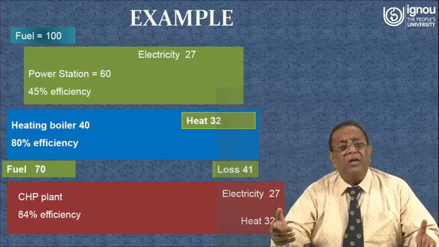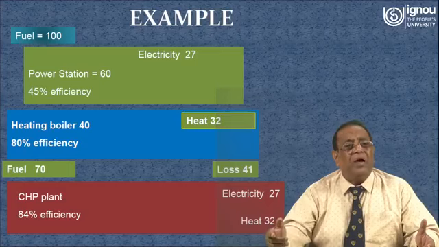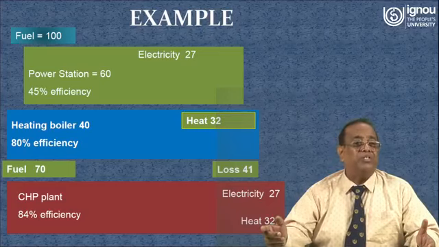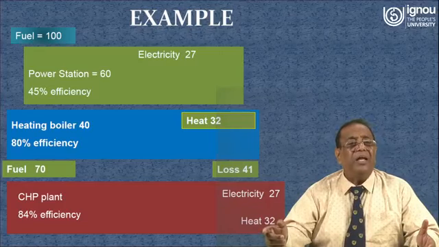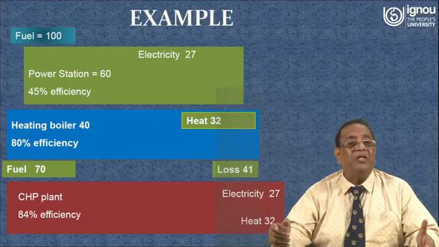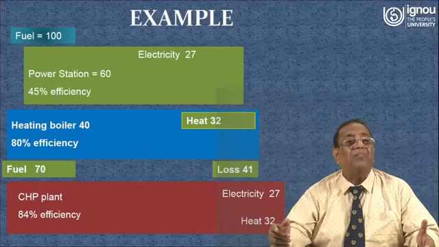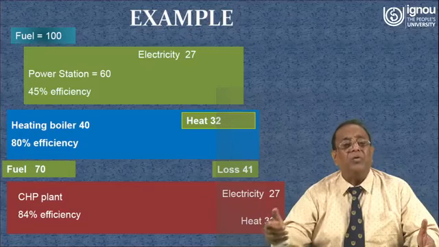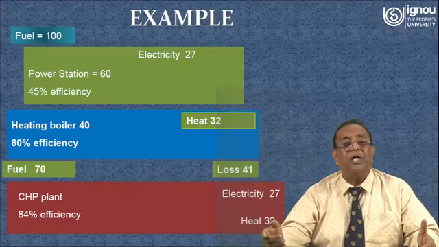This is if we use separate systems for generating electricity and thermal energy. Now, if we take the combined heat and power plant, that is the cogeneration plant, whose efficiency is around 84%, and the available input energy is 70, then 70 multiplied by 0.84 comes out to be 59 units as output. Out of 59, 27 is used for electrical energy and 32 units for thermal energy.